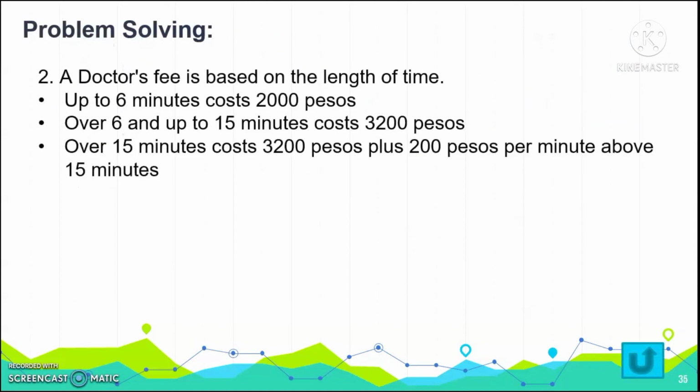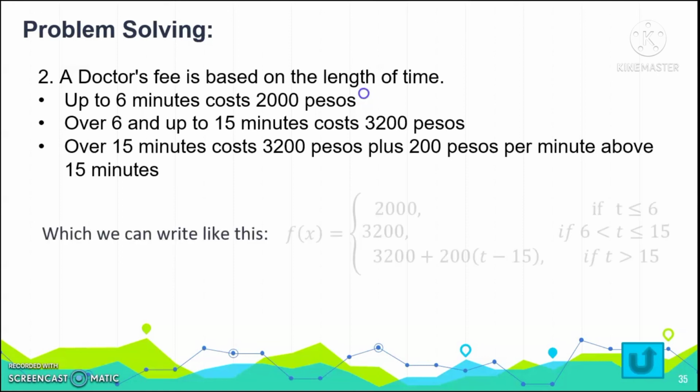Number 2. A doctor's fee is based on the length of time: up to 6 minutes costs 2,000 pesos. Over 6 and up to 15 minutes costs 3,200 pesos. Over 15 minutes costs 3,200 pesos plus 200 pesos per minute above 15 minutes. Which we can write like this.